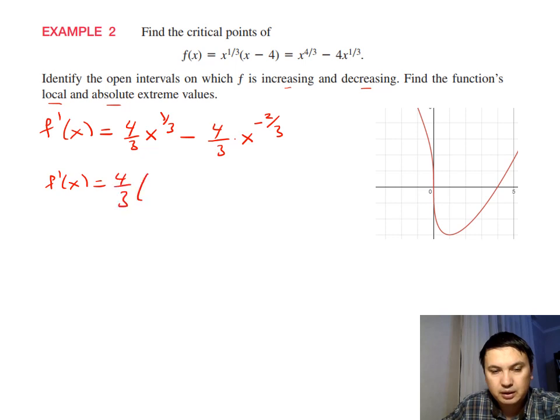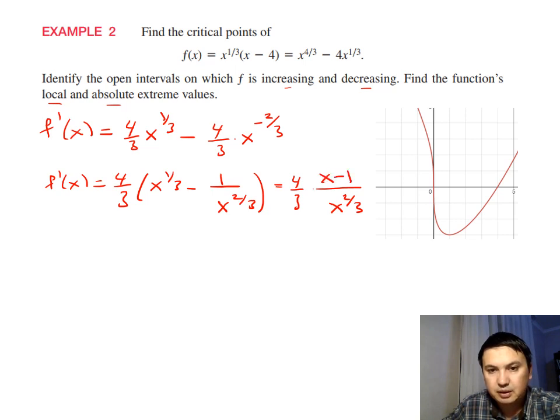Here I get x to the 1 over 3 minus, here I can write it as 1 over x to the 2 over 3. So I can bring to the common denominator, which is x to the 2 over 3. Then I need to multiply x to the 1 over 3 by x to the 2 over 3, which becomes just x minus 1, right?